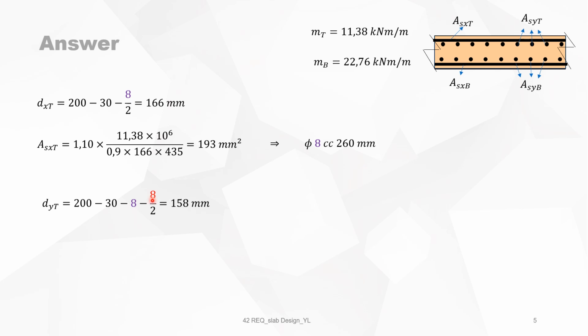Again, we assume 8 millimeters. We calculate the needed reinforcement at this yield line, and it's 202 square millimeters, or diameter 8 every 250 millimeters will be fine.